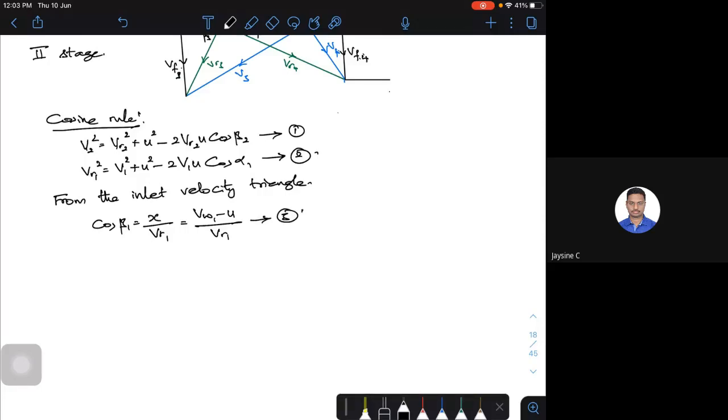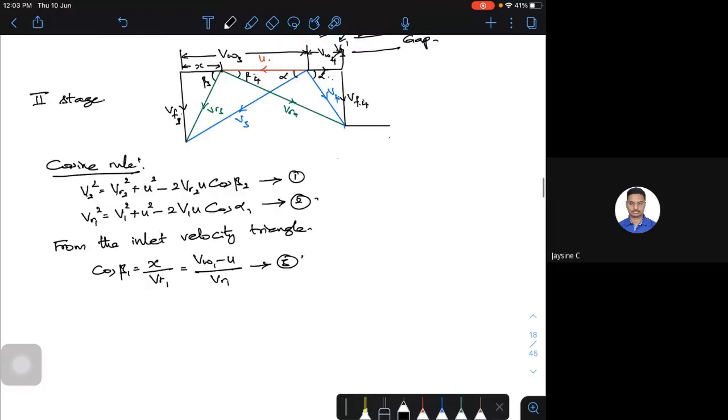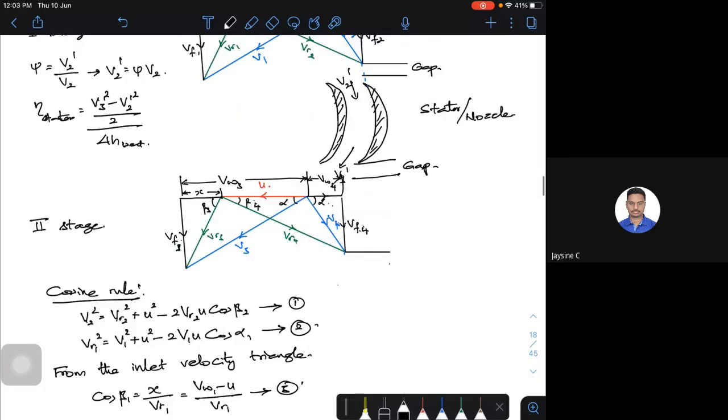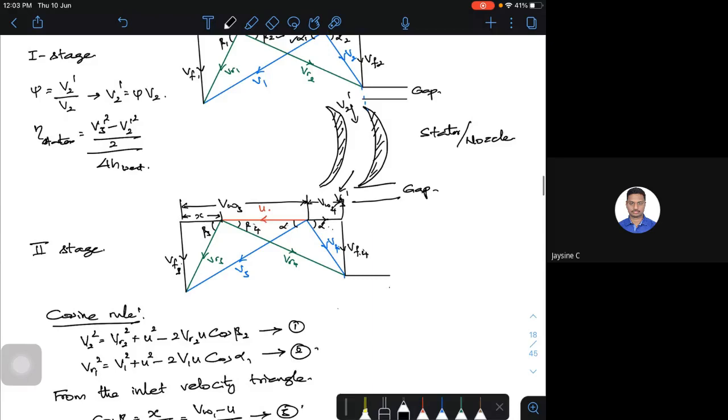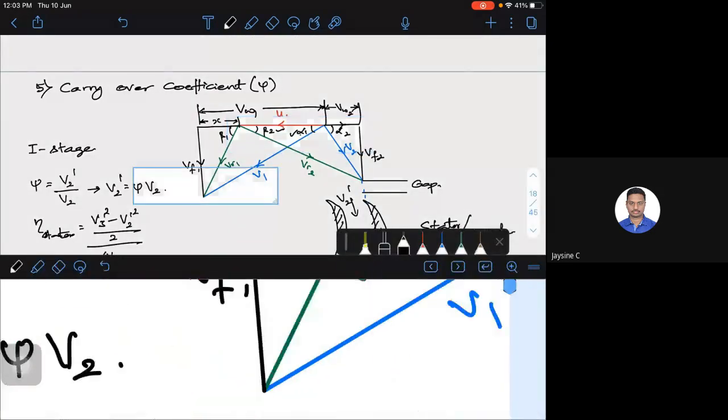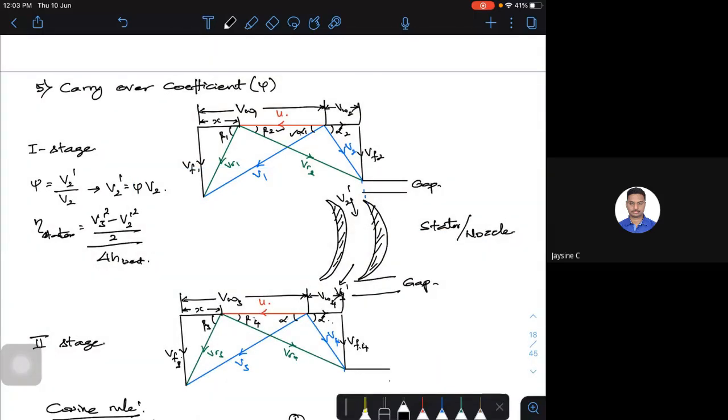So similarly, what is sine alpha 1? Sine alpha 1 is equal to VF1 divided by V1. What is cos alpha 1? Cos alpha 1 is equal to VW1 divided by V1.